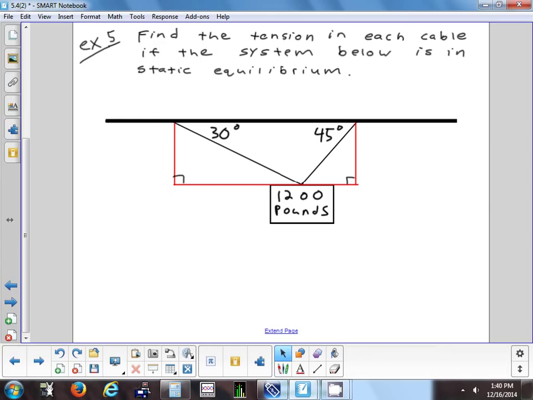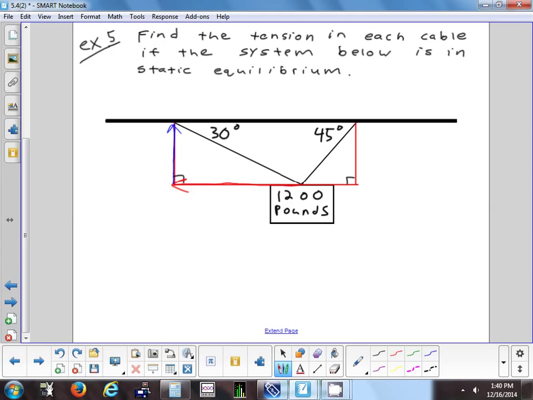So there's two components. We have a component pulling left, and we also have a component, I'll do it in blue, pulling up. So this cable is pulling left and up. How about the other cable?